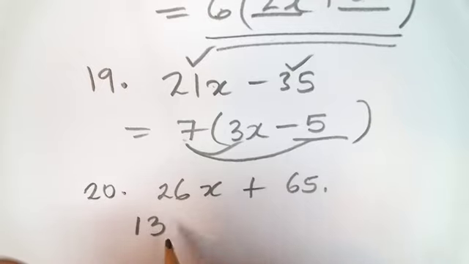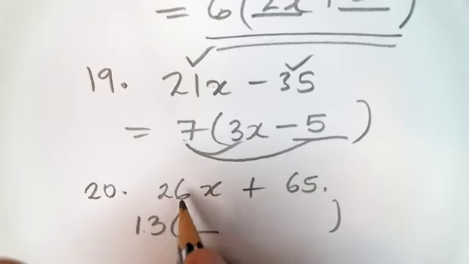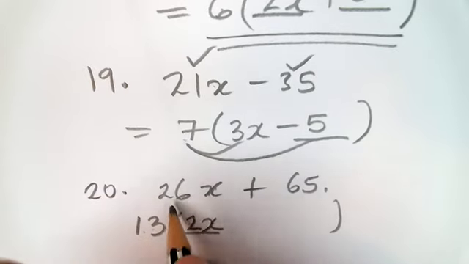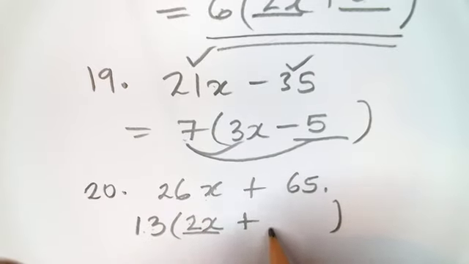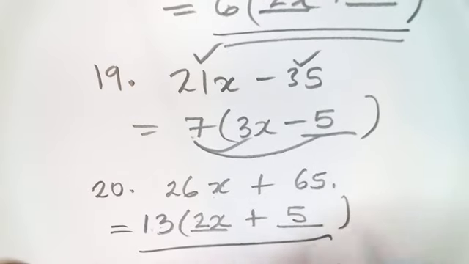If I put 13 outside the bracket, something times 13 makes 26x. Well, 2 times 13 is 26, so 13 times 2x is 26x. And what times 13 makes 65? Oh, that's 5, because 12 fives are 60, 13 fives is 65. And there is my answer.